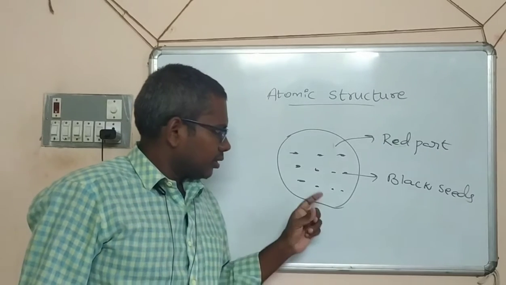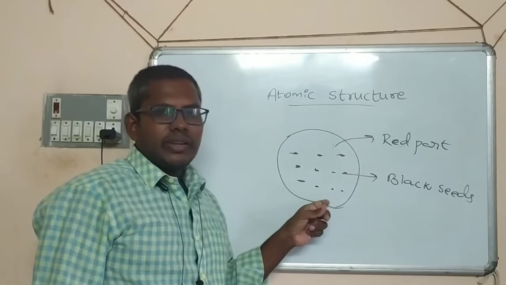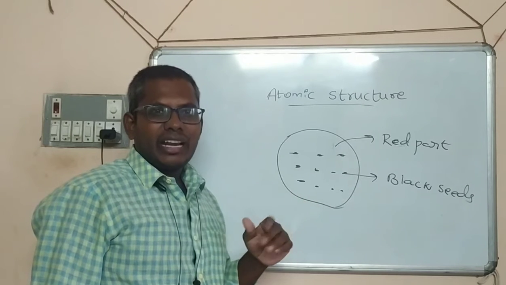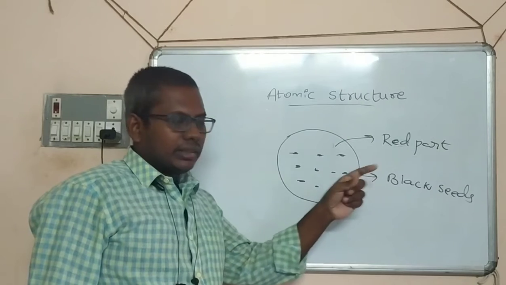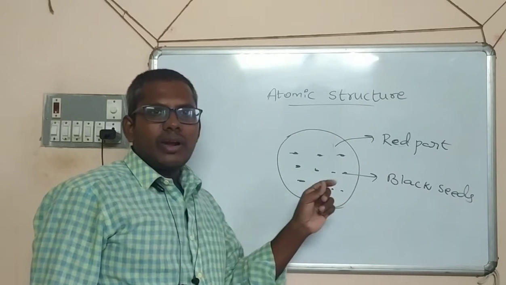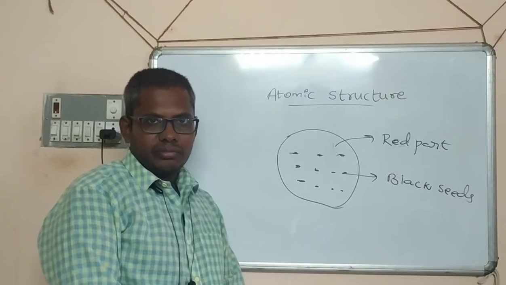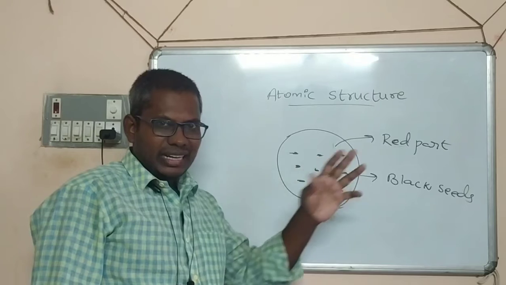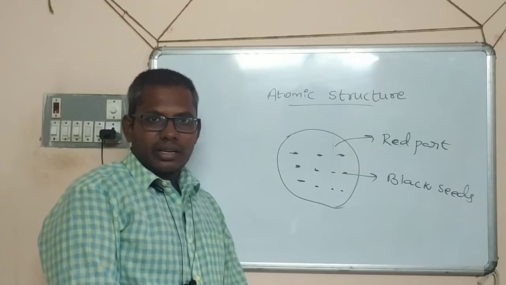See here, I cut a watermelon into two equal halves. Inside we have a red colored part. That red colored part he said is the positive charge, and inside the watermelon we have black seeds. He said the black seeds are the electrons. His assumption was that the red part is the positive charge and the black seeds are electrons.